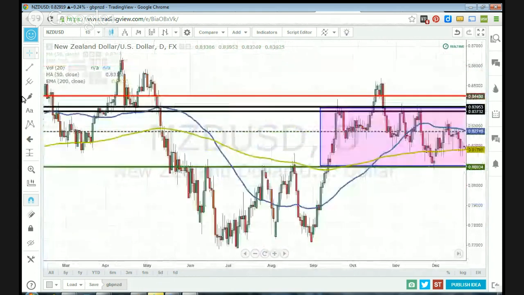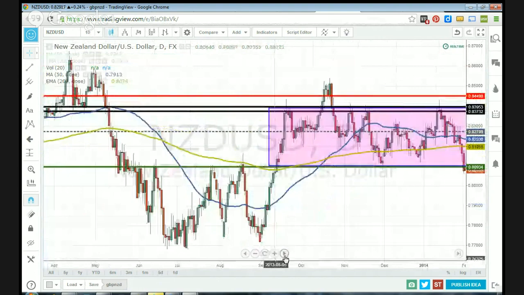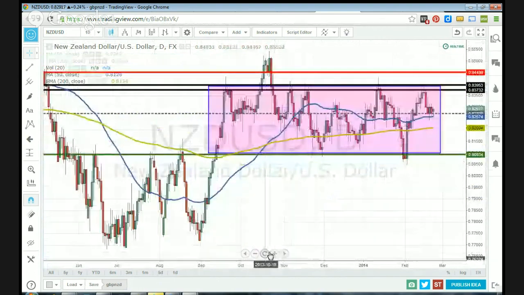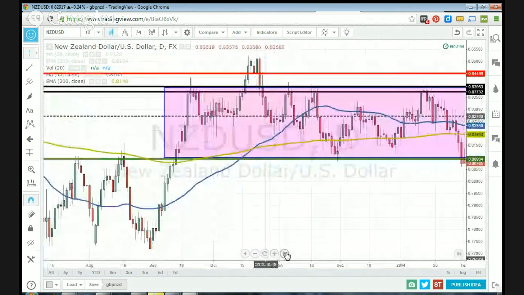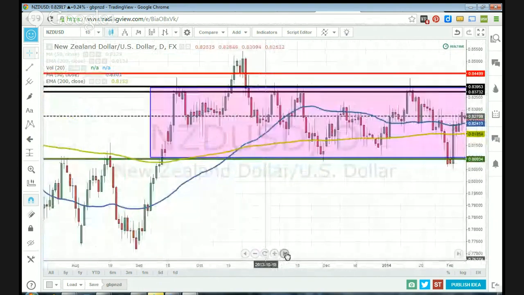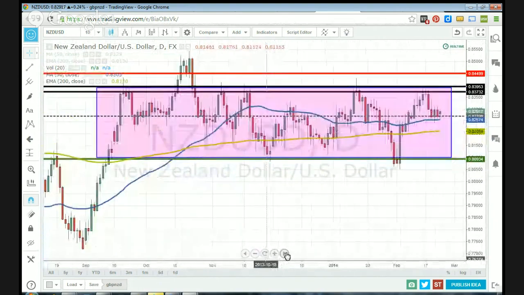Is it closed below? This is annoying. Okay, so you really have to zoom in. It's almost closed right on that gray line. I think I'm going to move my stop to break even on that.